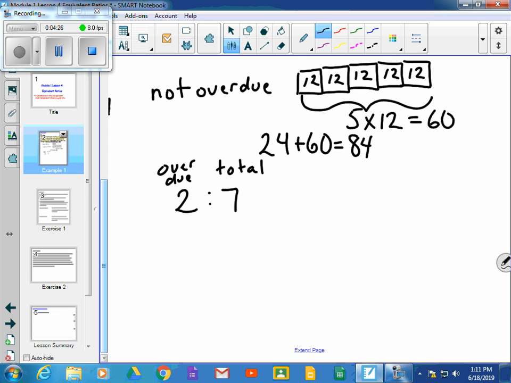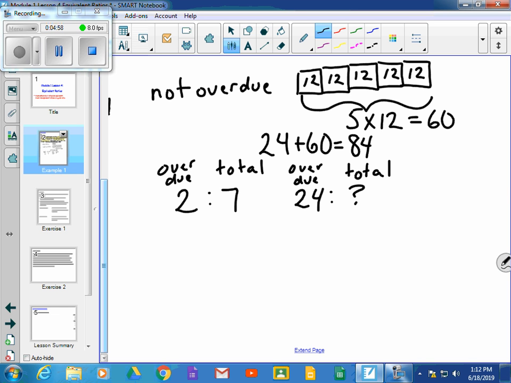So 2 kids out of a total 7 had overdue library books. I'm going to set that equal to another ratio, and it's going to follow that same pattern where the first number is going to be how many overdue kids, and the second number is going to be total. We're going to use that 24, and we're going to figure out how many total kids that would be.